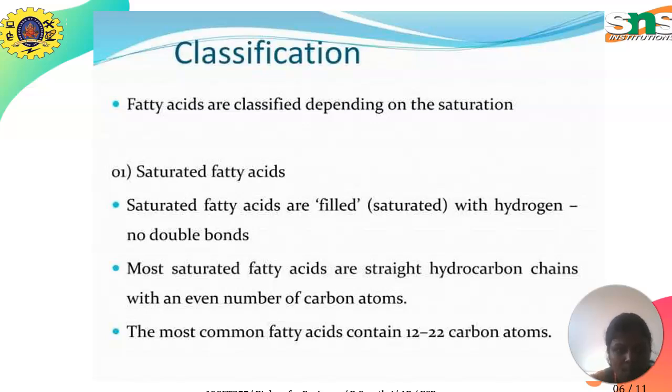The most common fatty acids contain 12 up to 22 carbon atoms, and the major part of the saturated fatty acids contain 12 to 22 carbon atoms.